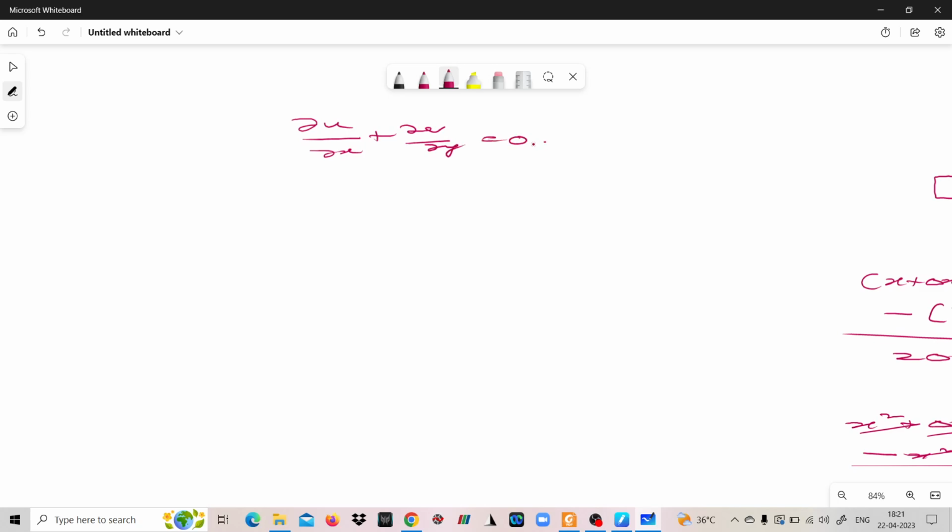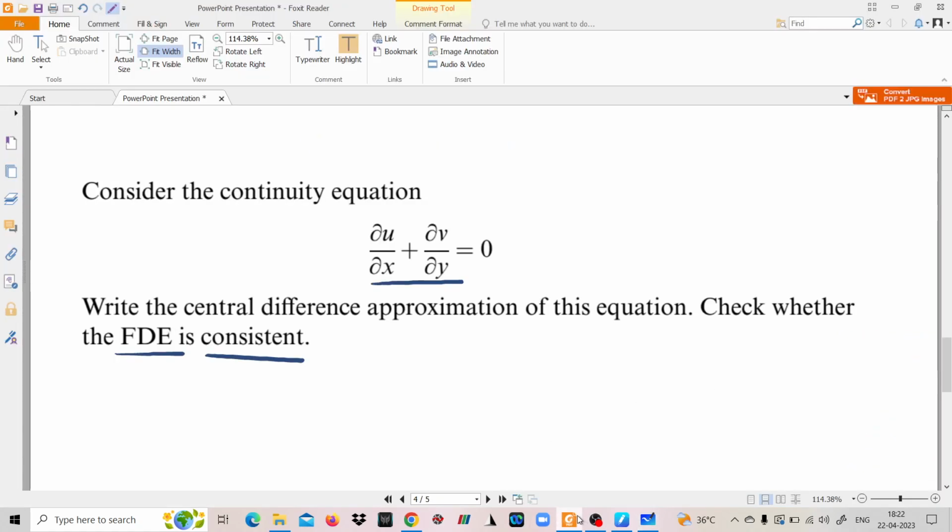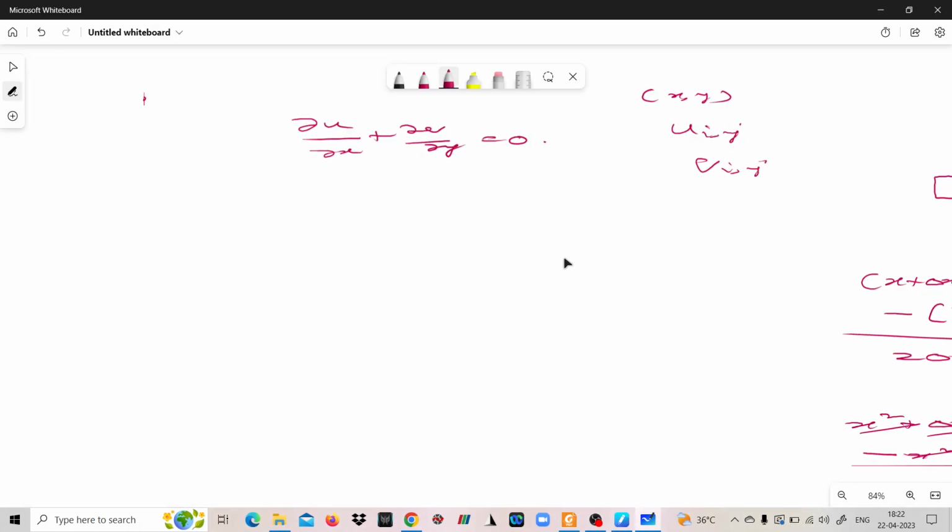So here you have to remember that at a coordinate point denoted by x, y, the value of u is say u i j, where i stands for x, j stands for y. Similarly v i j, where i stands for x and j stands for y. Now you have to write the central difference approximation.